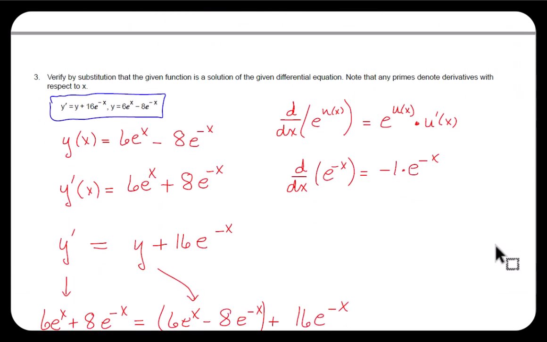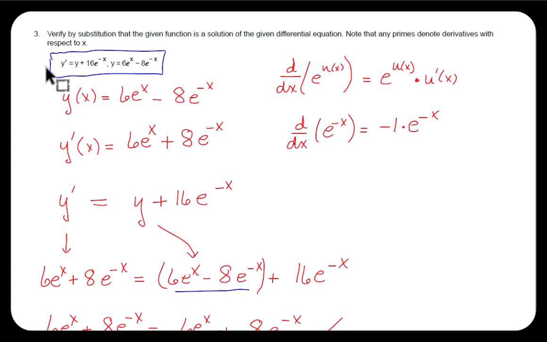All right, in question 3 here, we have y prime equals y plus 16e to the minus x. And so they're giving us a y here. We need to verify that it is a solution. Well, the derivative for e raised to a function by the chain rule is e to that function times the derivative of whatever is up there.